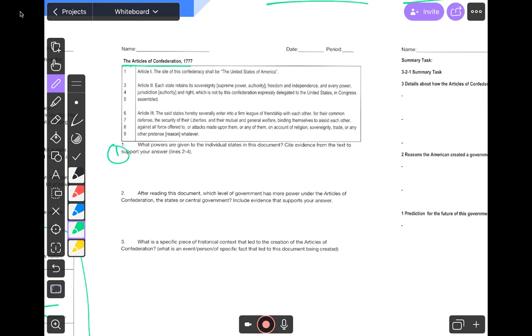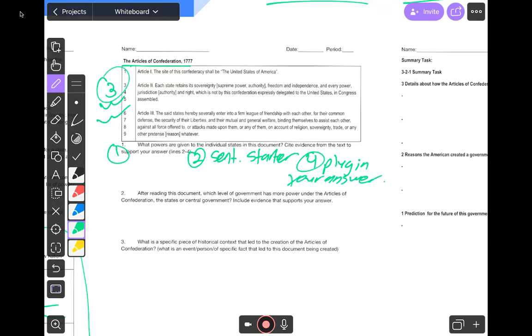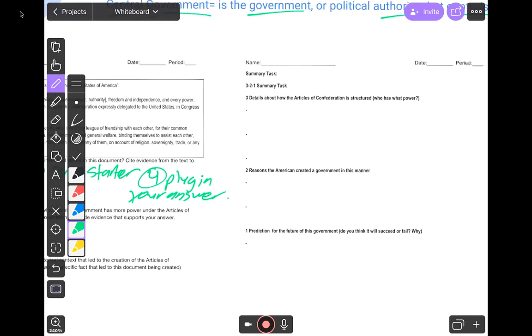Read your question first, create your sentence starter based on that. Then we're going to go back to that text, underline the text for where that information responds to the question. And step 4, we're going to be plugging in your answer. Okay, so we're going to be using this text to assist us. Use those document analysis steps to determine how the Articles of Confederation is structured and where power is going.